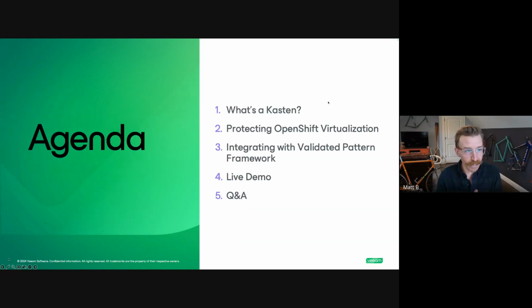So we'll jump right in. I'll give just a little bit of background on what Veeam Kasten is and how it's used. We'll talk about some need-to-knows relevant to data protection for OpenShift virtualization, and then I really want to jump right into how I came into working in the validated pattern framework and what we've done with Kasten so far.